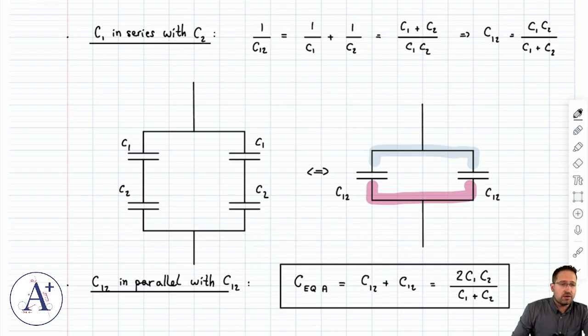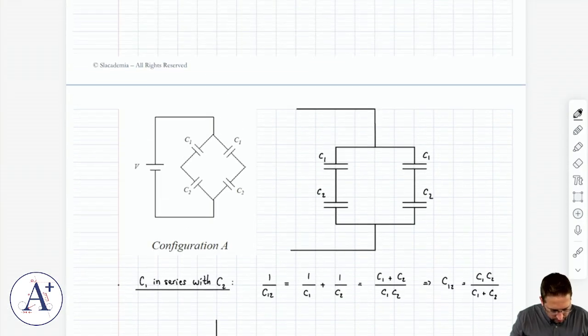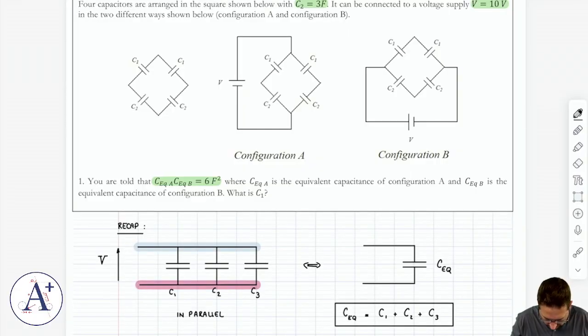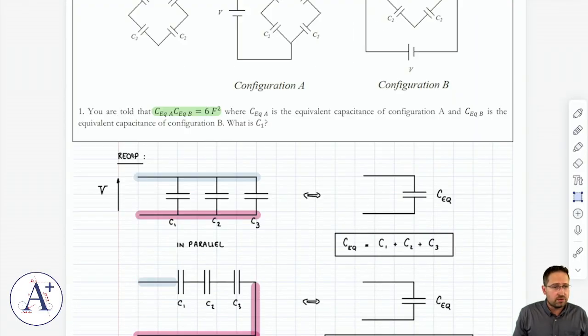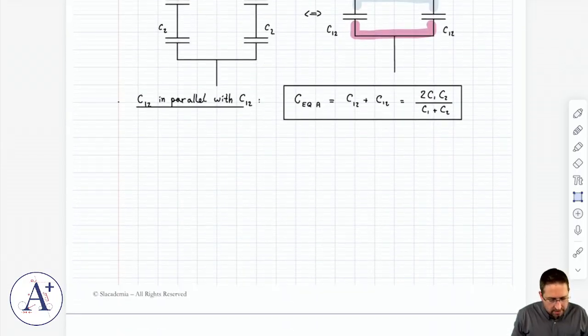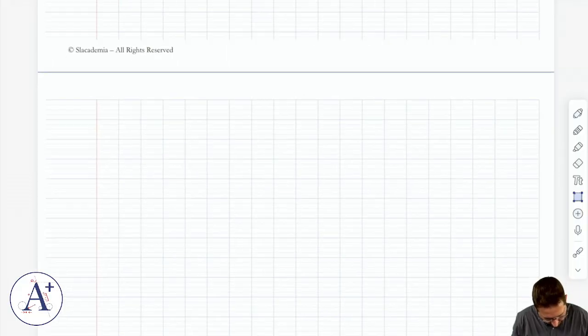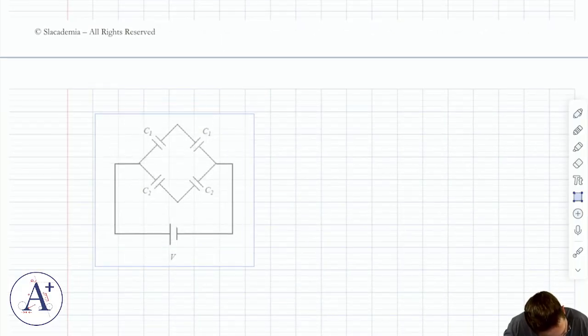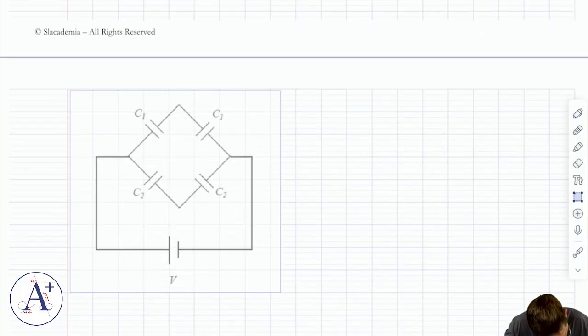But I'm going to need it later to find the capacitance C2, or C1, whichever one we don't know. Okay, so that's for configuration A. We took configuration A and simplified it down to one single equivalent capacitor with an equivalent capacitance, C equivalent A. Okay, let's do the same thing with configuration B.